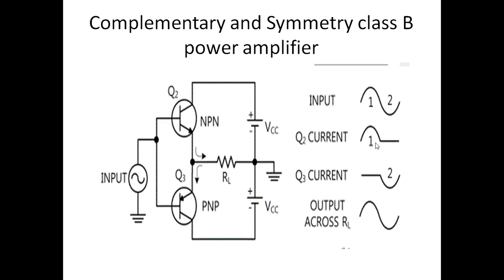The advantage of this complementary and symmetric class B power amplifier is mainly that it is inexpensive. The cost is very low because it simply uses two transistors, Q2 and Q3, and one load resistor. Therefore, it consists of only three components.